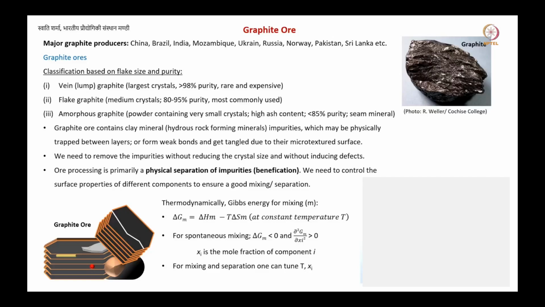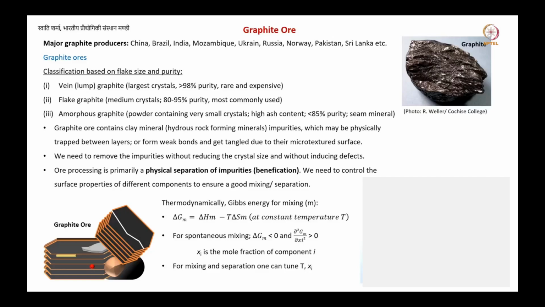To make a good quality product, you should not have the impurity content, and the crystal size should remain the same. It should not be that you remove the impurity and the crystal size is reduced, and defects should not be induced. Your purpose is to get it pure without reducing the crystal size and without inducing defects.